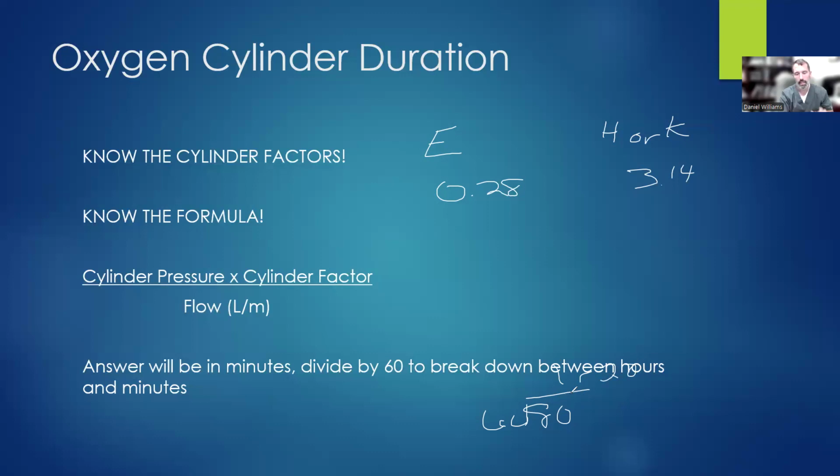But if you plug 80 divided by 60 into a calculator, you're going to get 1.33 repeating. You're probably not going to report that as 1.33 hours. So what you would do, you take that 0.33 at that point, if you need to convert that to minutes, and multiply that by 60.